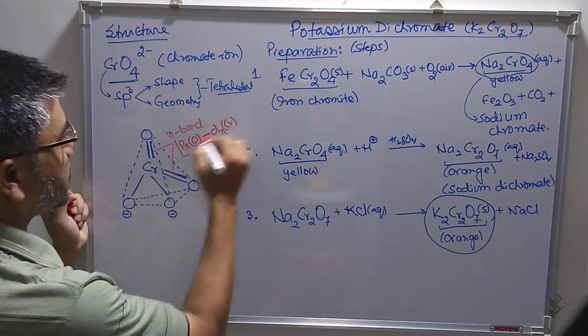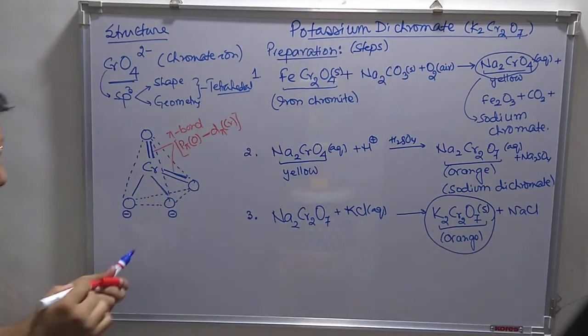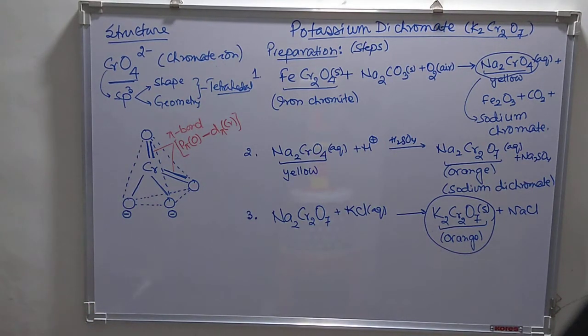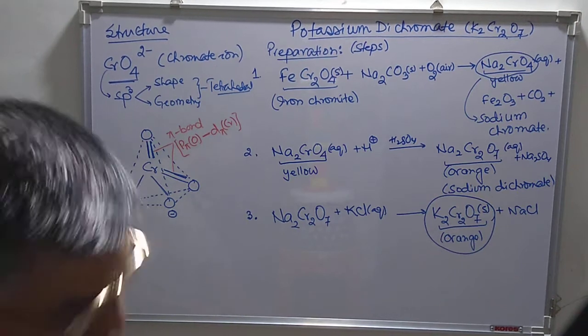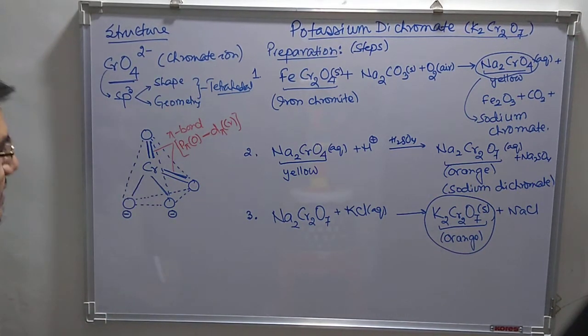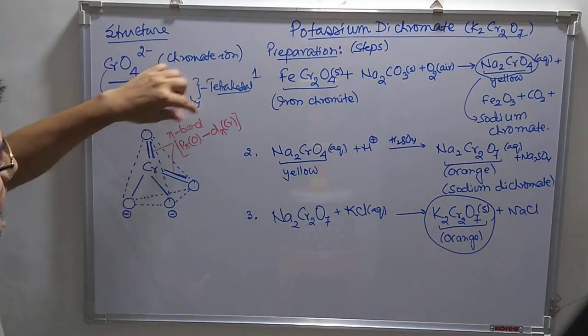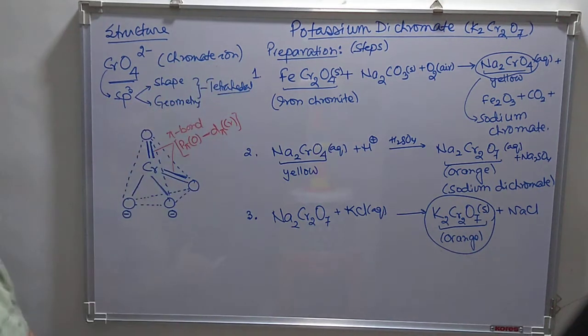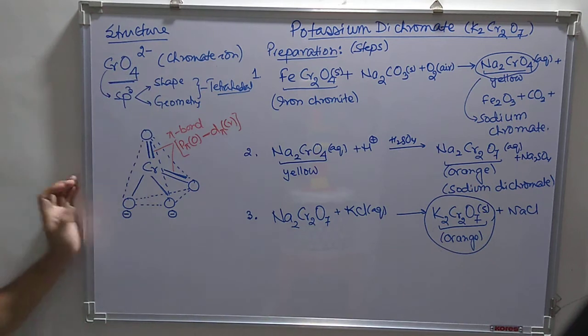Because of this transfer of electron density from the filled p orbital of oxygen to the vacant d orbital of chromium, this oxoanion is stabilized by this p pi d pi back donation bond. So because of this, this oxoanion is being stabilized.